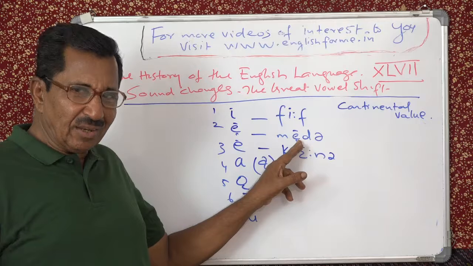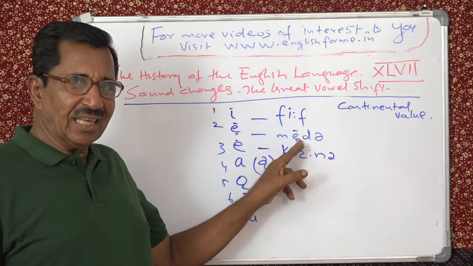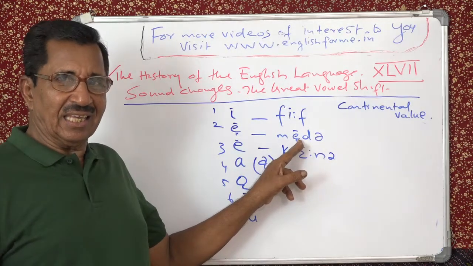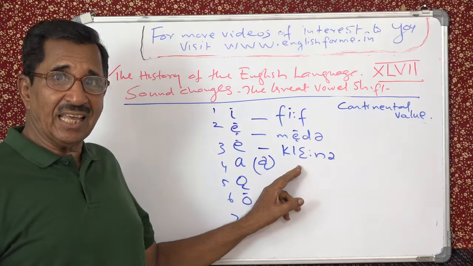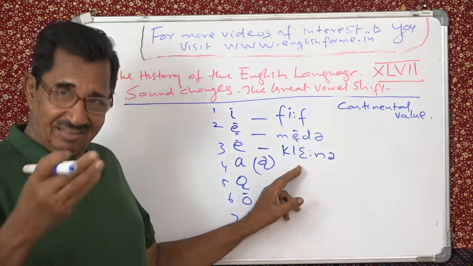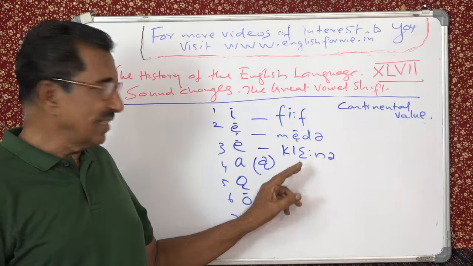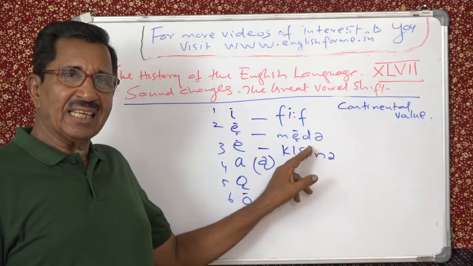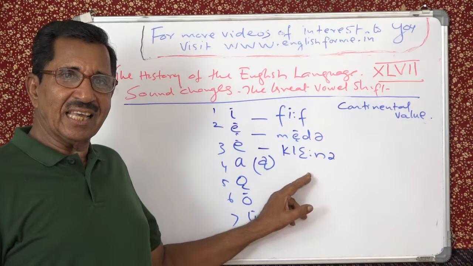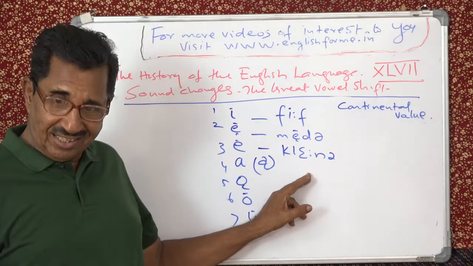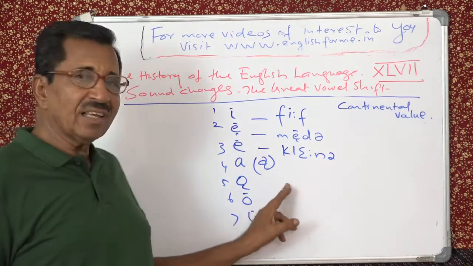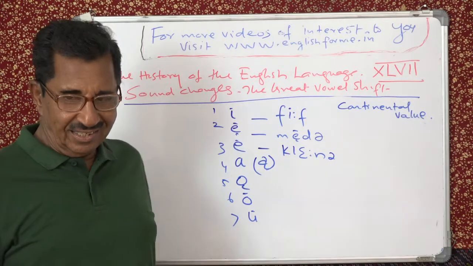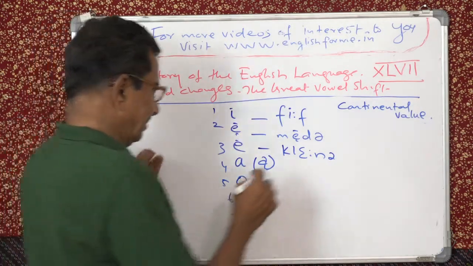Just below that is E. Then A, lowering the tongue. This is the highest point. E. Then A. Then A. I think you are getting that point. And the next one is A. That is simple. Name.